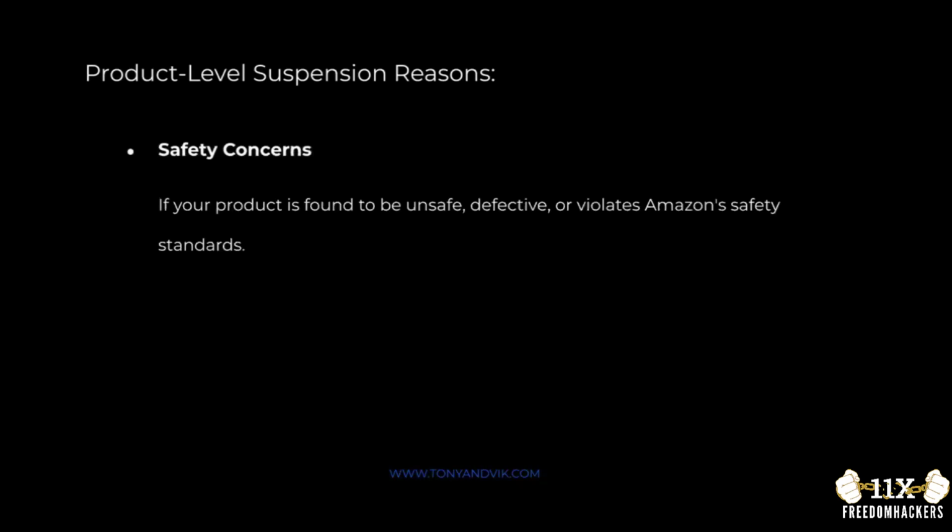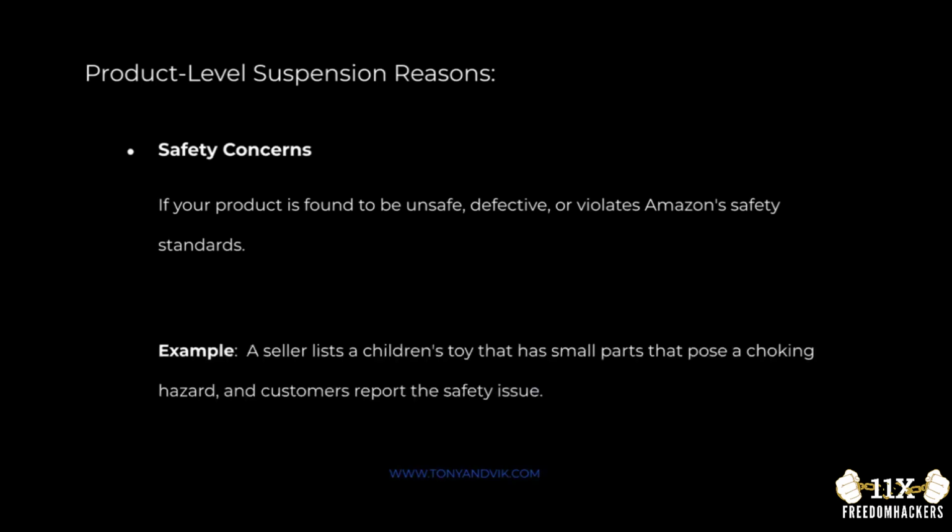Then safety concerns. If your product is found to be unsafe, defective, or violates Amazon's safety standards, that's pretty common sense, right? If the product causes any kind of harm or has the potential to cause harm, then obviously it will be suspended, the product listing will be taken down, and the issue needs to be dealt with.